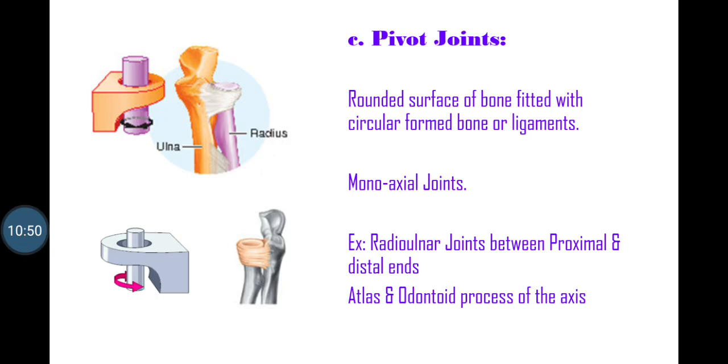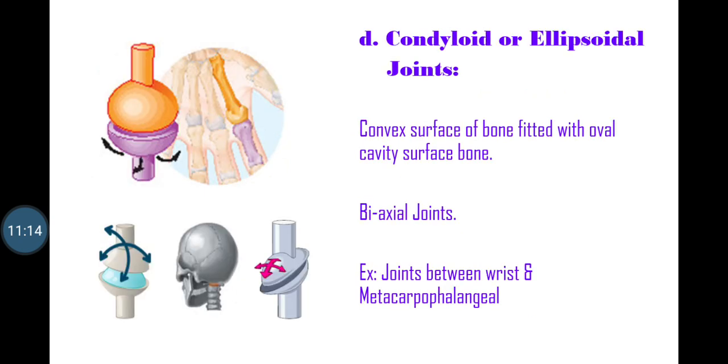Third, pivot joint. Pivot joint has a round surface of bone fitted within a ring formed by another bone or ligaments. Pivot joints are monoaxial and allow movement around their axis. Example: radioulnar joints between the proximal and distal ends, joints between atlas and axis. Fourth, condyloid joints.